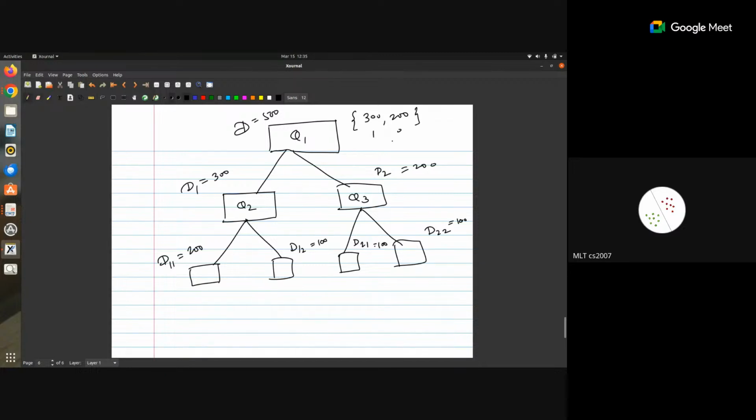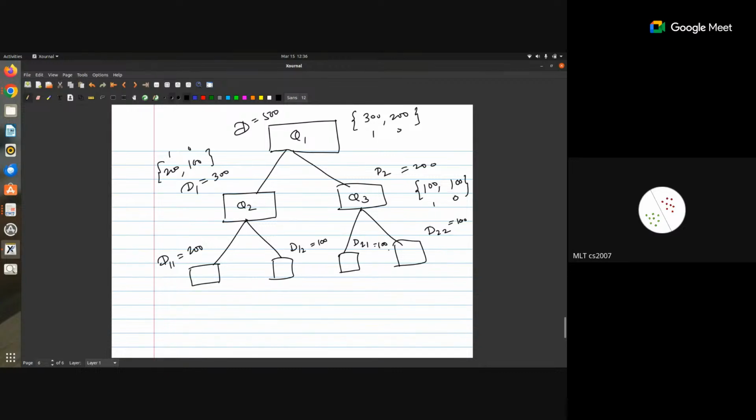Here, let's say it will become 200 ones and 100 zeros. So definitely you will remain with 100 ones here and 100 zeros here, right?